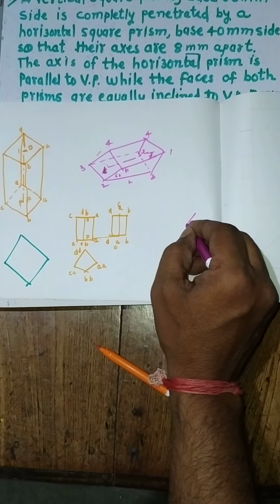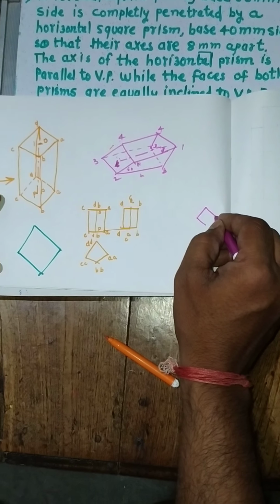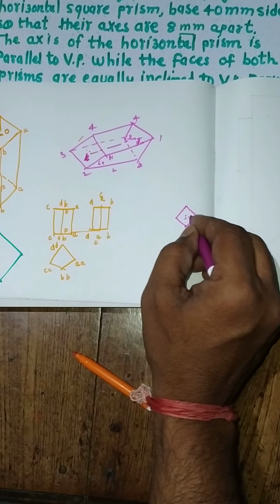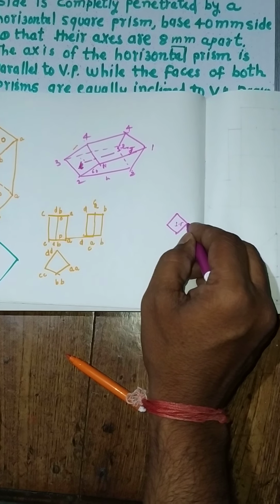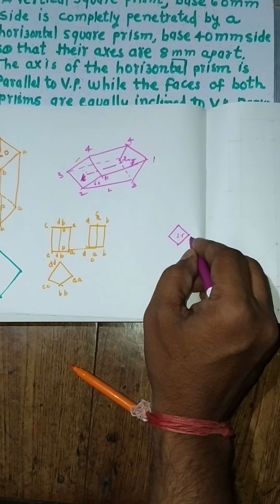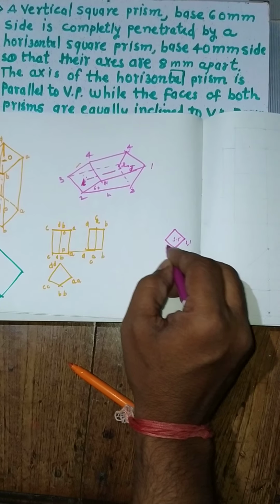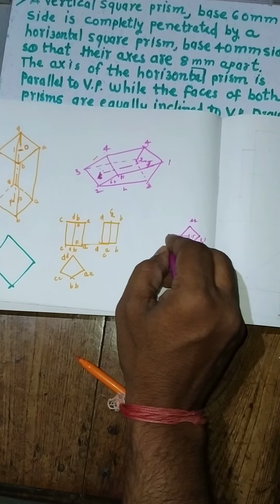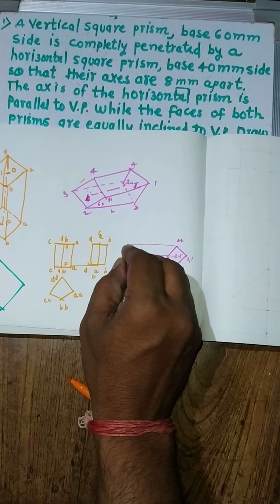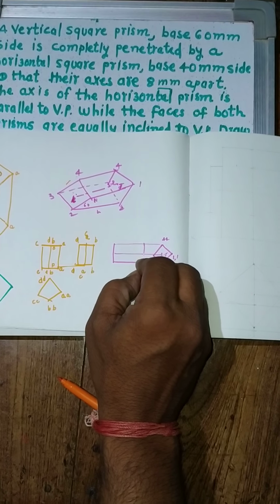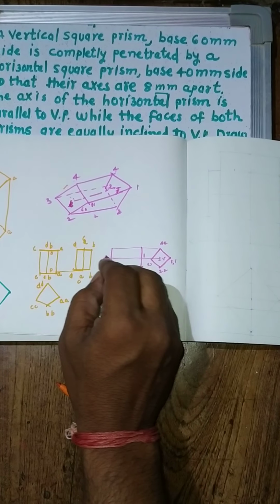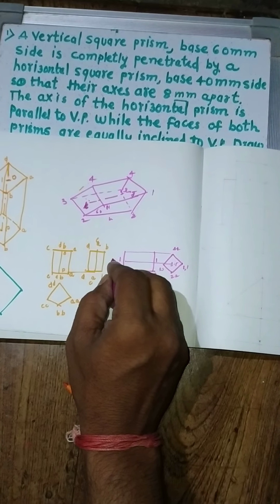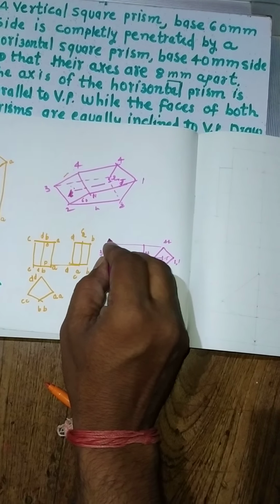So, I will draw the side view first. I will name it, this is the center IJ. This is 1, 2, 3, 4. Now, I will transfer this, and this will be your front view. That is the rectangle, which is 1, 2, 3, and 4.